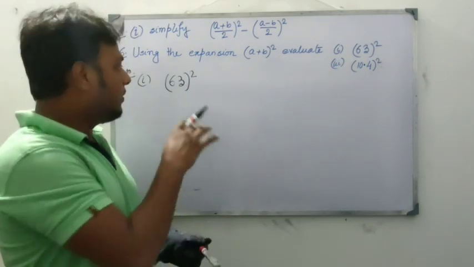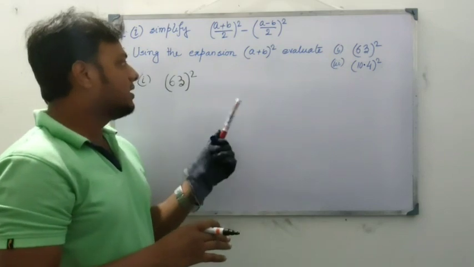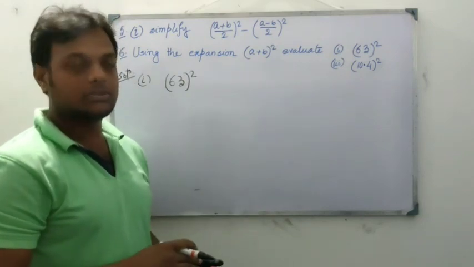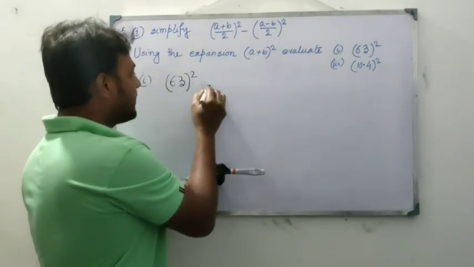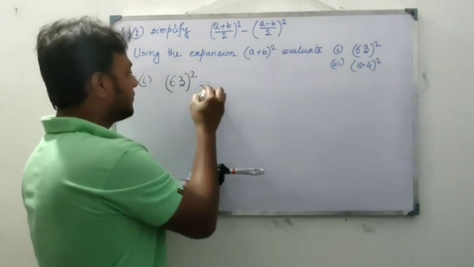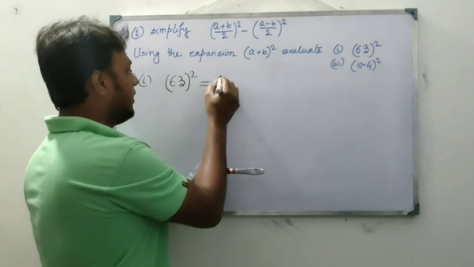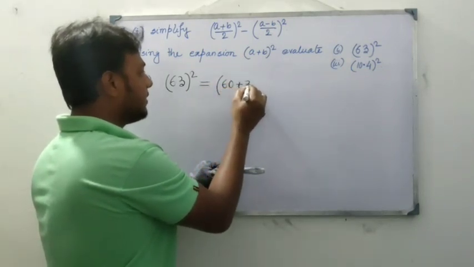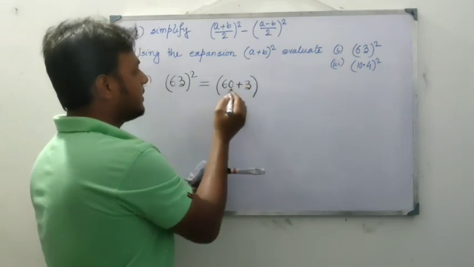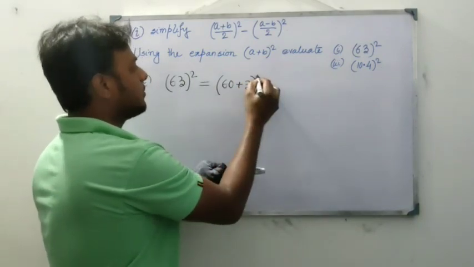Whatever we need, easily we can compute. So to compute 63 whole square, we will break 63 into 2 parts. One part is 60 and another part is 3. See, then 60 plus 3 is itself 63, whole square.